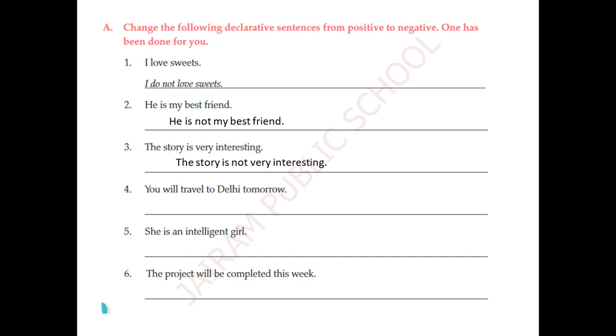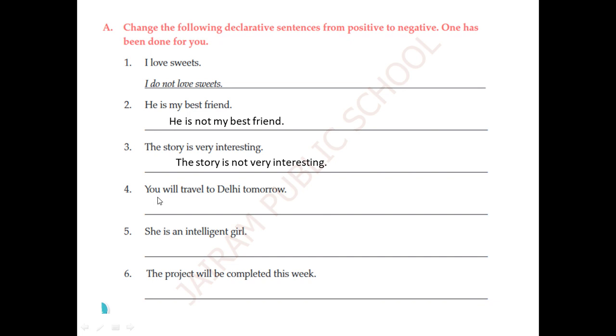Now the next sentence. You will travel to Delhi tomorrow. What is the negative form? Here we have one helping verb, and travel is the action verb, which is called the main verb. So what we have to do is add not when we find a helping verb.